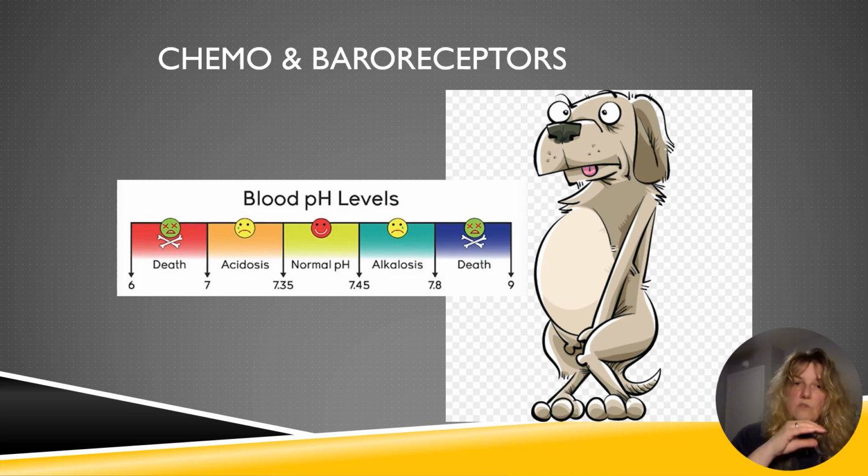So chemical for chemoreceptors, we're looking at blood pH. Baroreceptors measure pressure. So a full bladder will be an example of that. It's recognizing that there's added pressure and you need to do something about it.